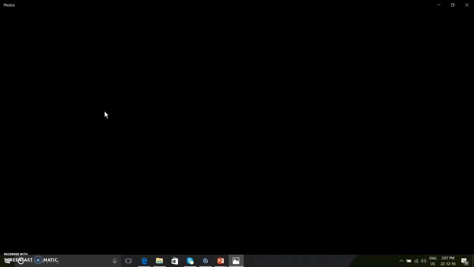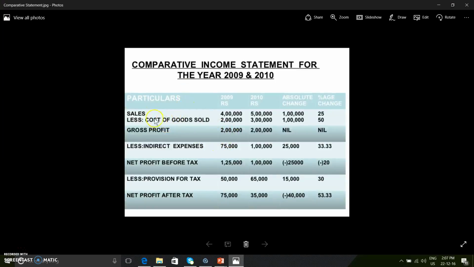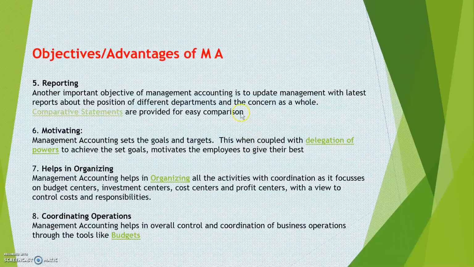So it prepares the comparative statements. So if you take 2009-10, previous to present year or something like that, so comparison even in terms of years, in terms of departments, in terms of intercompany comparison. So all these will be done by the management accounting so that it will be helpful for the management.